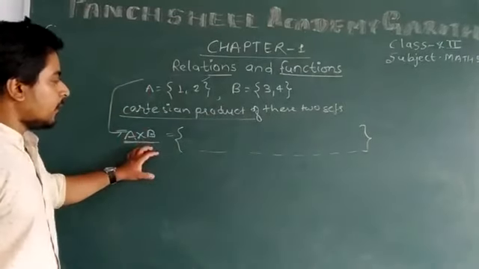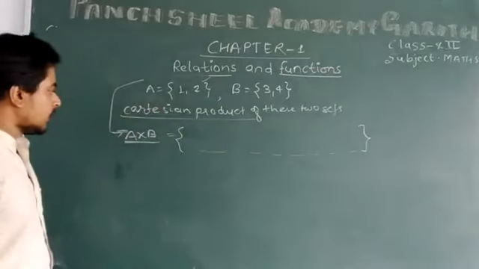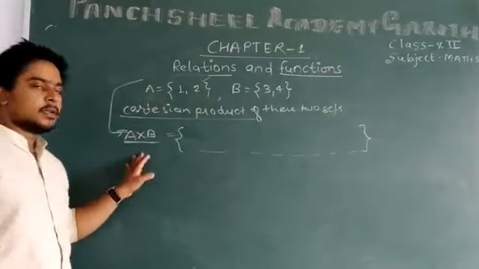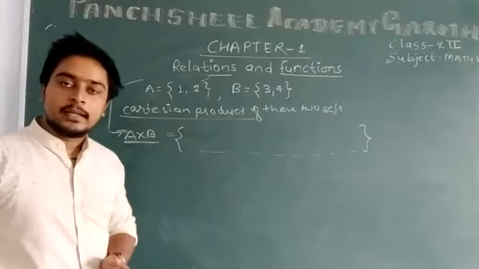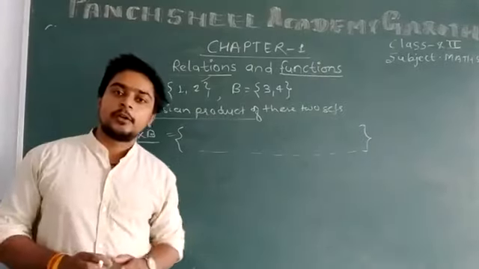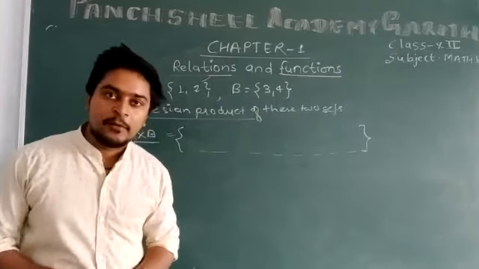What does A cross B contain in its own set? You know about the ordered pair. Last year we studied that the Cartesian product of two sets contains ordered pairs. Which type of ordered pair?